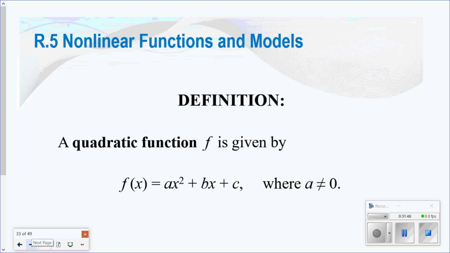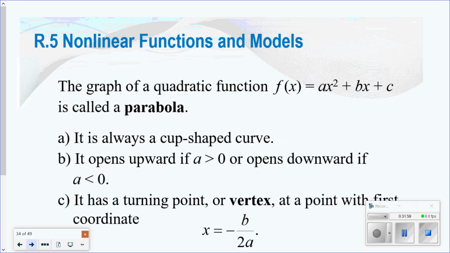Okay, some other kinds of functions. There's a quadratic function, ax squared plus bx plus c. Okay, we're going to be factoring those, so you need to remember how to factor. Quadratics make parabolas. That's a parabola. They are cup-shaped. They open up like this if this leading coefficient is greater than 0.